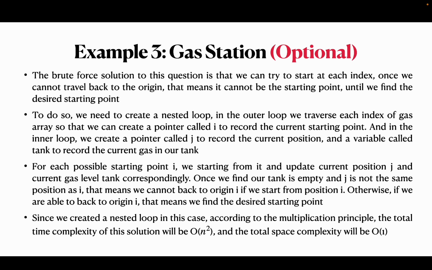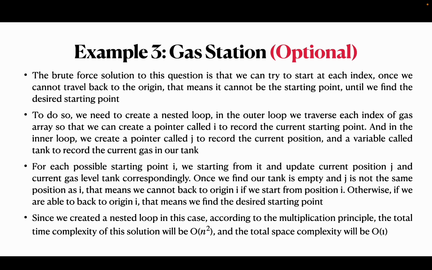Once we find our tank is empty and j is not the same as position i, that means we cannot go back to the origin i if we start from the candidate position i. Otherwise, if we are able to get back to origin i, we have found the desired starting point.